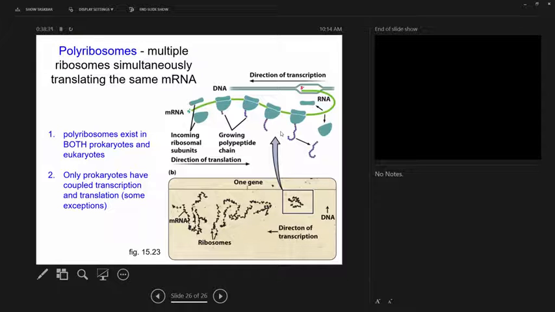But what is only in prokaryotes is what's shown here, right? In prokaryotes, you get what's called coupled transcription and translation. Because the messenger RNA is just messenger RNA in prokaryotes, as soon as that RNA starts coming out of the RNA polymerase, it can be translated immediately.